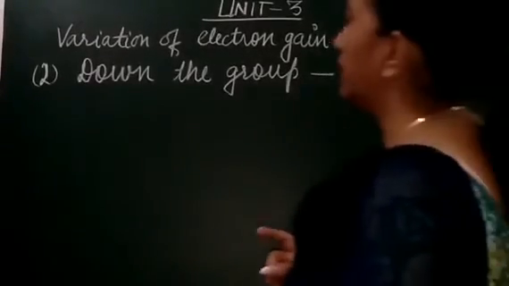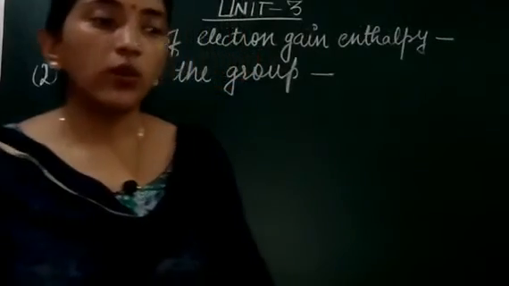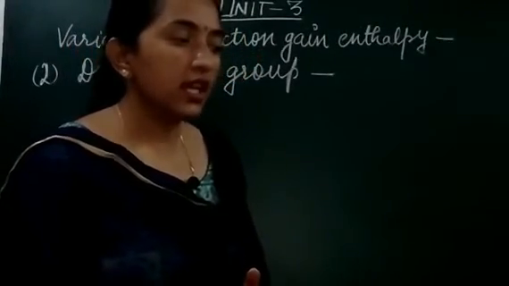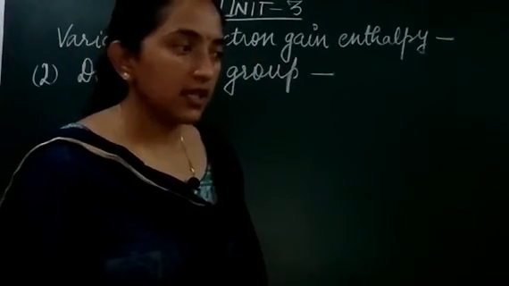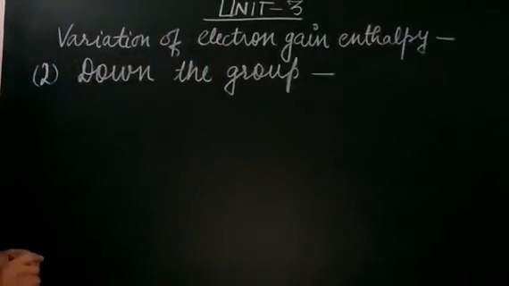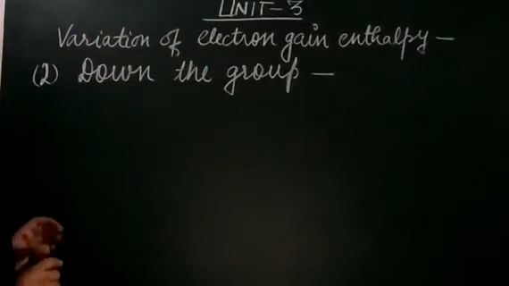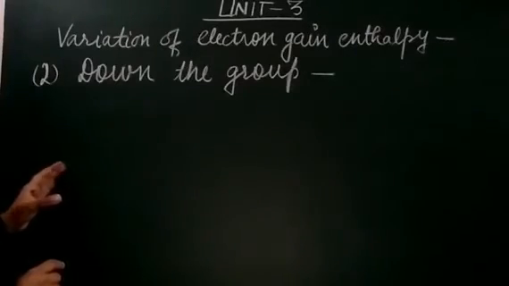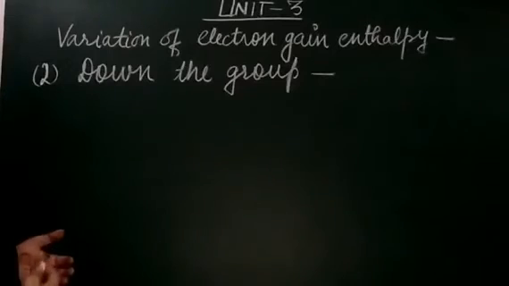Now students, we will discuss the variation of electron gain enthalpy on moving down the group. So when we move down the group, there is increase in the atomic size, right? The atomic size increases. Now definitely due to increase in atomic number, the nuclear charge will also increase, but the factor of increase in atomic size dominates as the new shell is being added up.